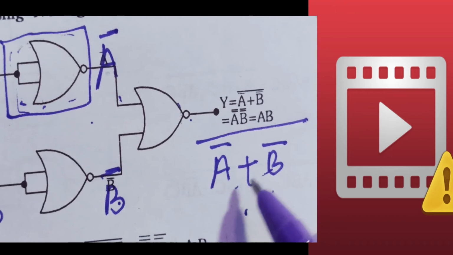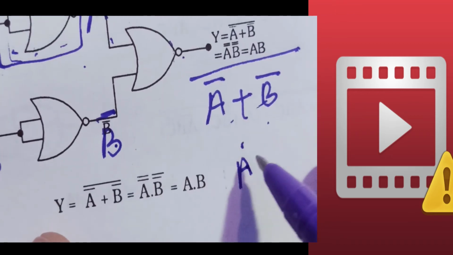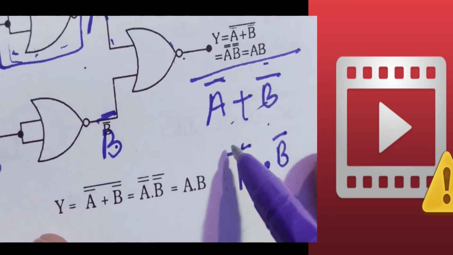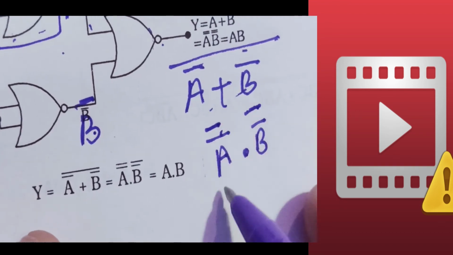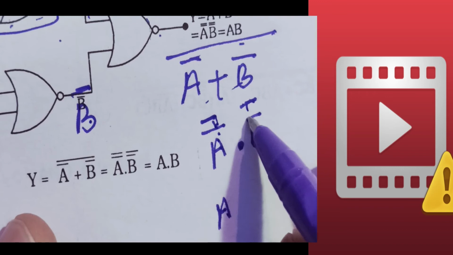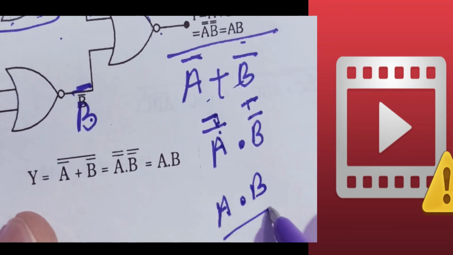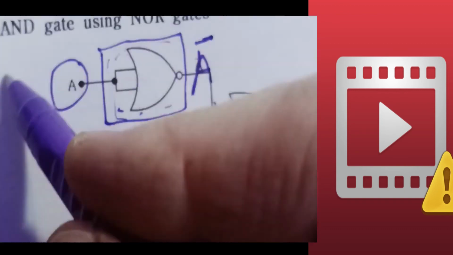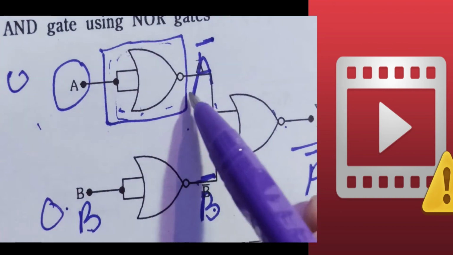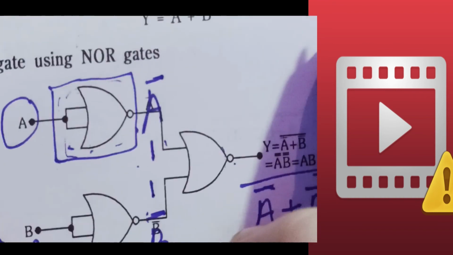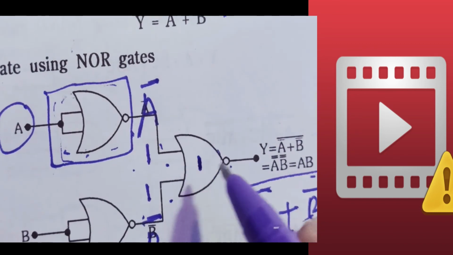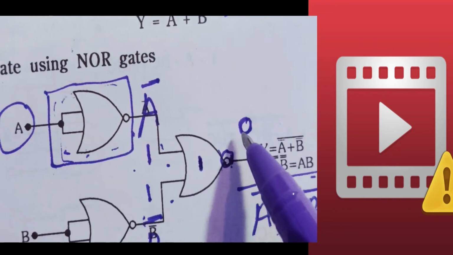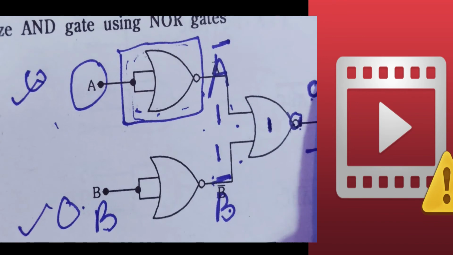Now using De Morgan's theorem, it becomes A bar dot B bar, the whole bar separated into 2 bars. So the 2 bars cancel, and it becomes A and B. Of course, you can prove it otherwise, like: what is 0, 0? 0, 0 through the NOT gate becomes 1, 1. 1, 1 OR gives 1, but it is a NOR, that means 0, because of this bubble. So 0, 0 is 0.